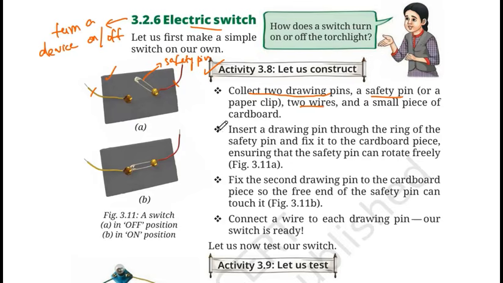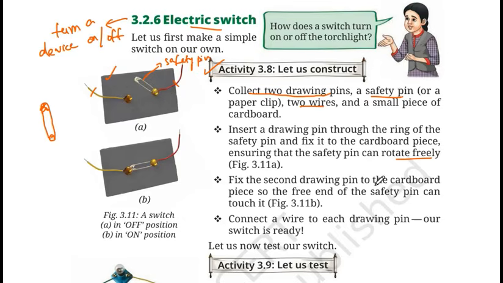Okay. Now what you need to do is you have to insert the drawing pin through the ring of the safety pin. Here you see the safety pin looks like this. Here we have a small ring and then like this. Okay, so through the ring you put one pin into the cardboard and fix it to the cardboard piece, ensuring that the safety pin can rotate freely.